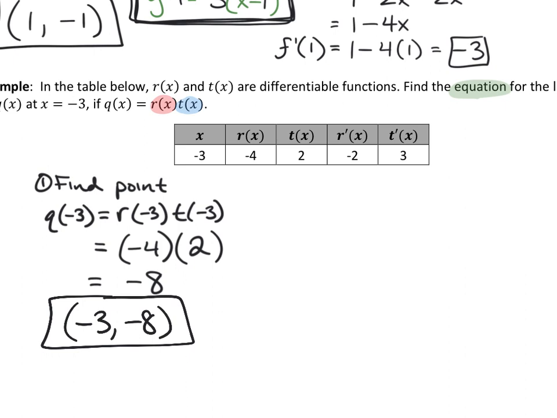So I still just plugged it in, and it's just weird because you plug it into two functions because they combine and multiply to make the third function. After I find a point, I find a slope. But to find the slope of q, that's going to require the product rule. We'll go ahead and do it specifically at negative 3.